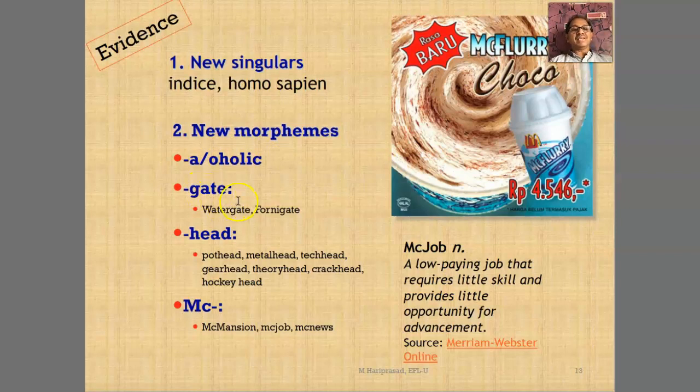Similarly, gate is formed in words like Watergate. And head is also a new morpheme, in words like pothead, metalhead, tech head, gearhead. These are all new words formed with the affix head. Head has become a morpheme now.